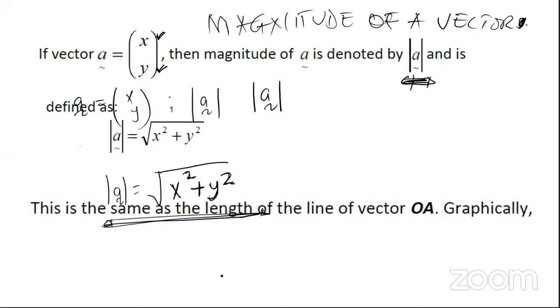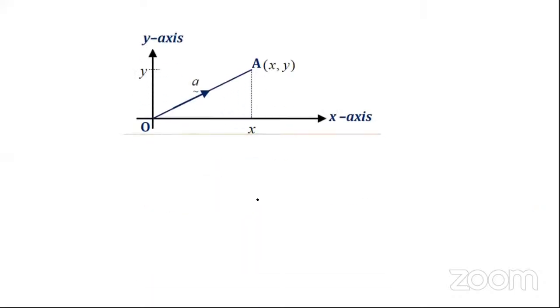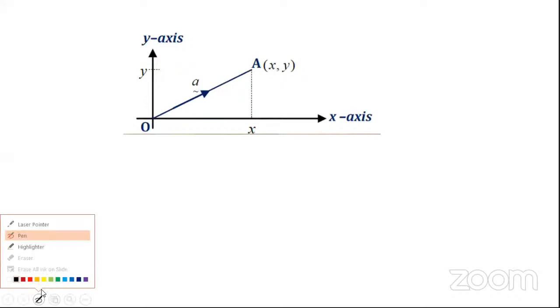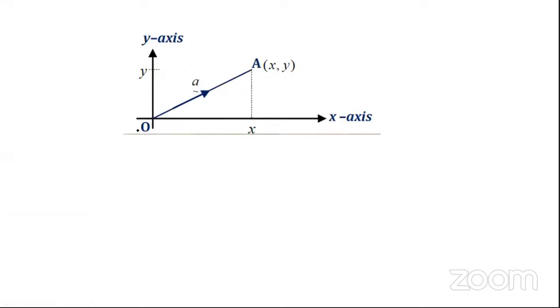Generating this is the same as the length. When we talk about the magnitude, it's like you're talking about the length of the line, like what is the length of that line from point O up to A? Graphically, if you have your point O here, the coordinates of point O are 0, 0.